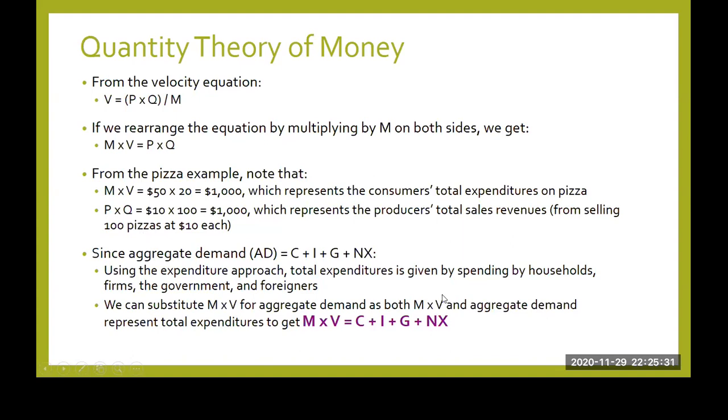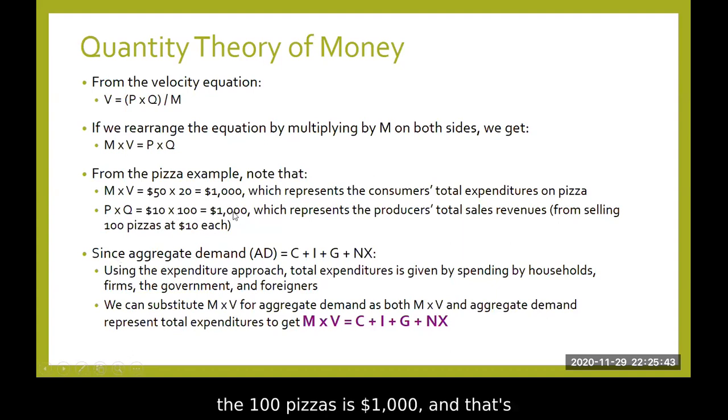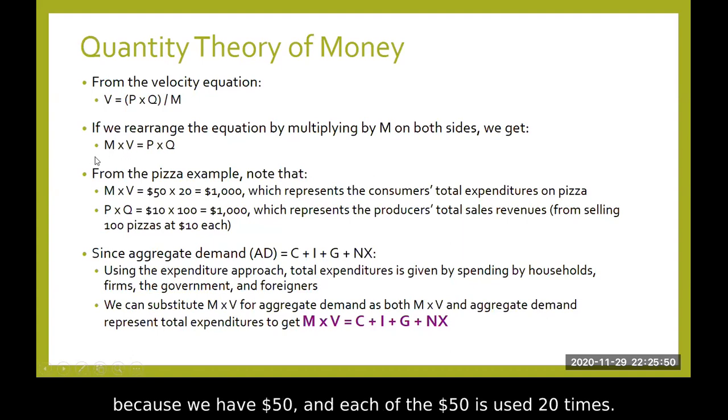So if each pizza is $10 and we have 100 pizzas, then the sales revenues from selling the 100 pizzas is 1,000, and that's also equal to the total expenditures, because we have $50 and each of the $50 is used 20 times.